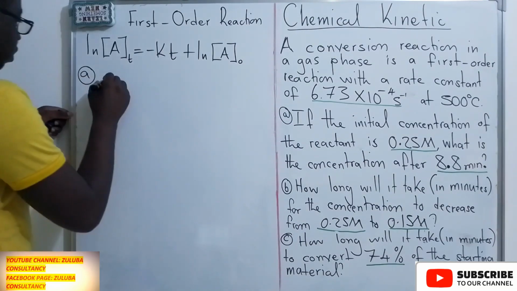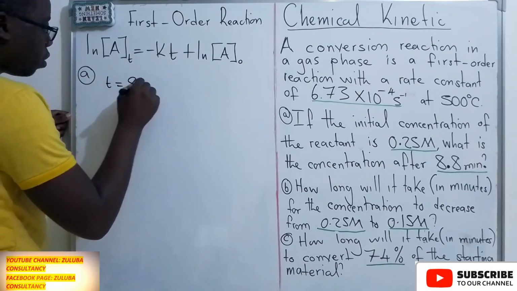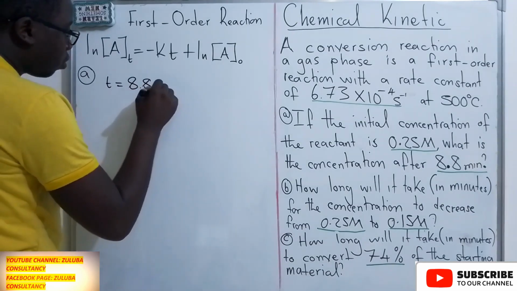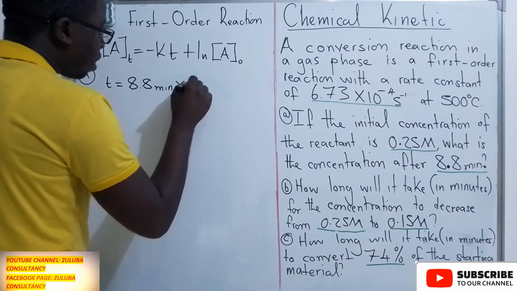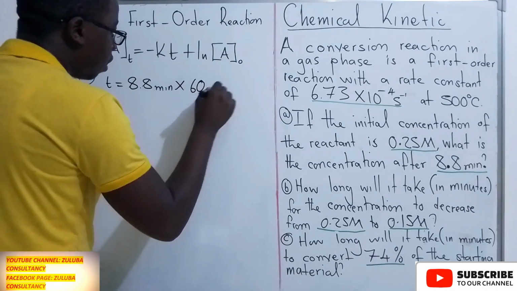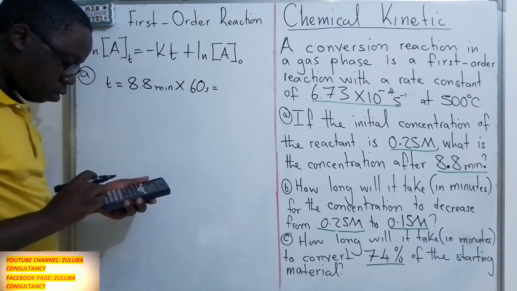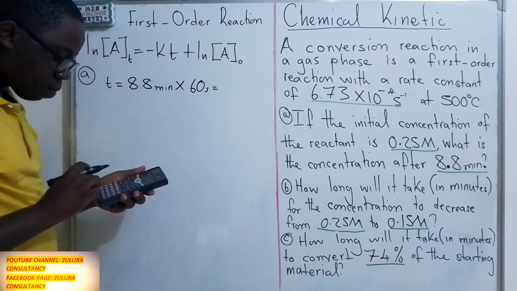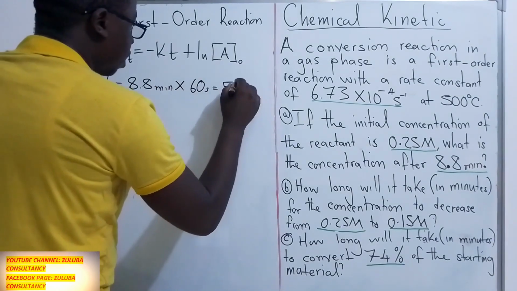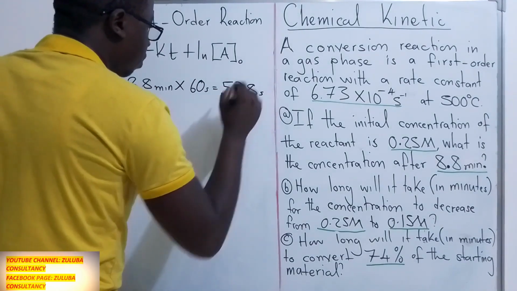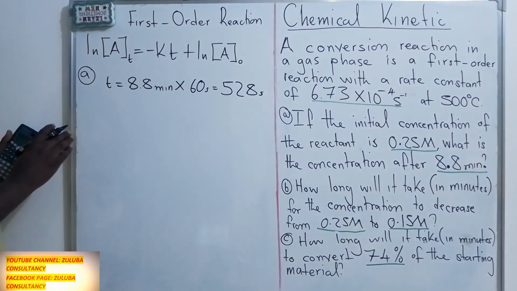So let's start with the time and converting it. We have been given 8.8 minutes. When you multiply this by 60 seconds, it gives us the time that we will be using. So 8.8 multiplied by 60 gives us 528 seconds. So this is the time that we will use in our equation.